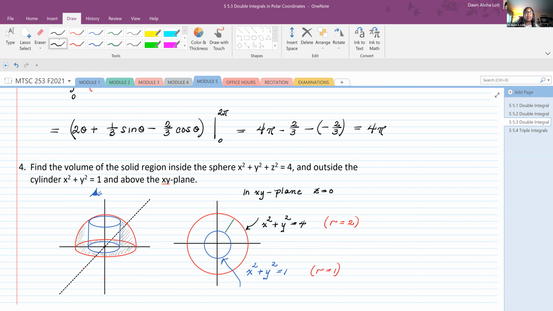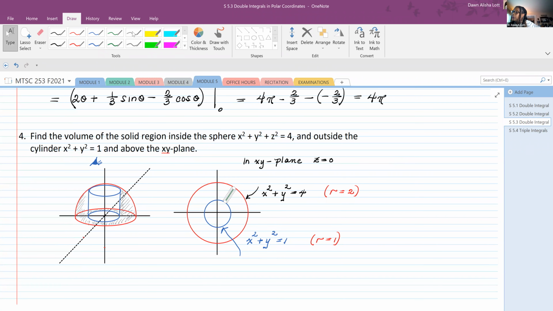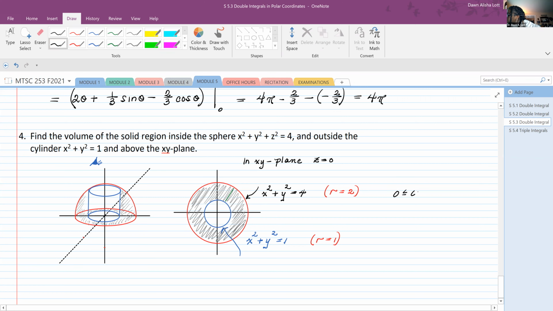So I can see that on the region on the ground, theta goes between 0 and 2 pi, and R goes from 1 to 2.